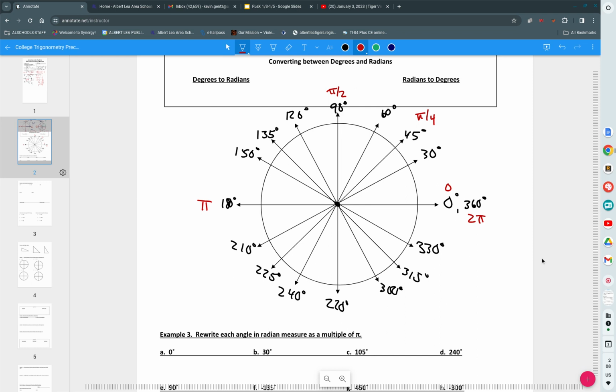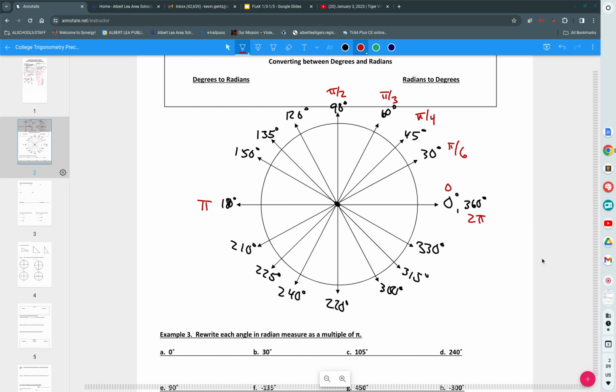How many times does 60 go into 180? 3. So 60 is a third of it, so pi over 3. 30 would be one sixth of that, so pi over 6. Is anyone unclear how I came up with those?